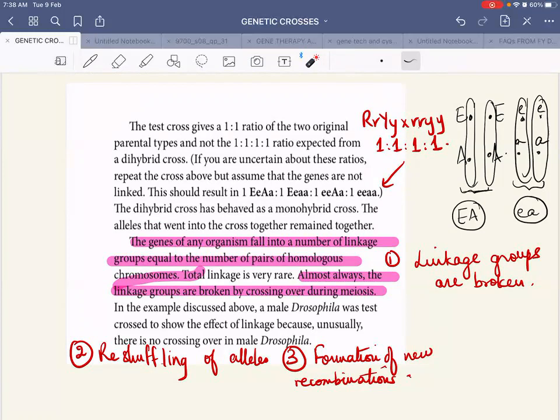So since in male Drosophila the crossing over does not occur, you might see that total linkage has happened. Whereas in female Drosophila and the other organisms, crossing over is a very common phenomenon.